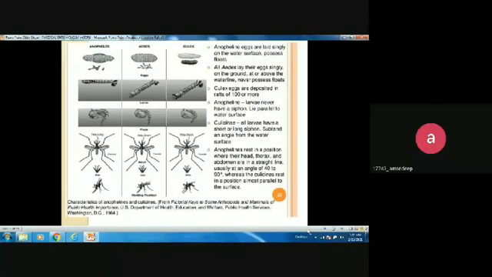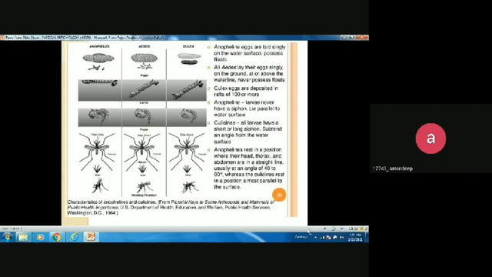Now, the three species of the mosquitoes, that is Anopheles, Aedes, and Culex, are compared here. First point, Anopheles eggs are laid singly on the water surface, and possess floats. Second, all Aedes lay their eggs singly on the ground at or above the waterline, and never possess floats. Third, Culex eggs are deposited in rafts of 100 or above.